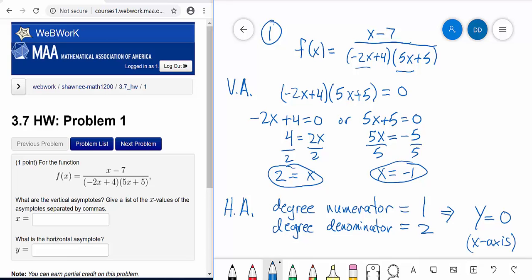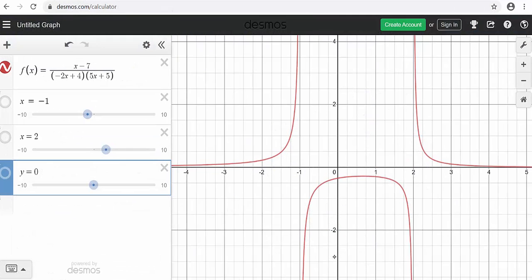So let's take a look at this graph in Desmos. So we can see that this function will have two vertical asymptotes at x equals negative 1 and at x equals 2, and we see that the horizontal line where the graph tails off onto the left and to the right is the x-axis, which has equation y equals 0.